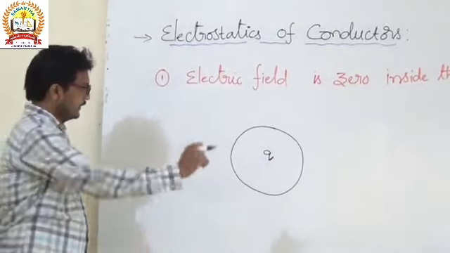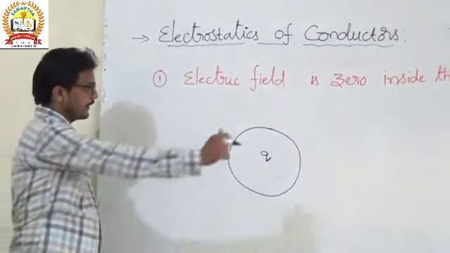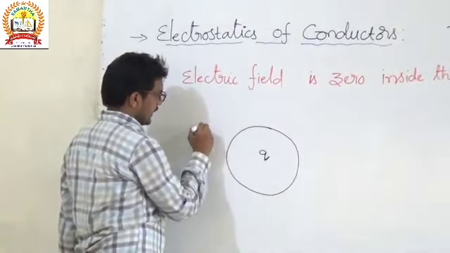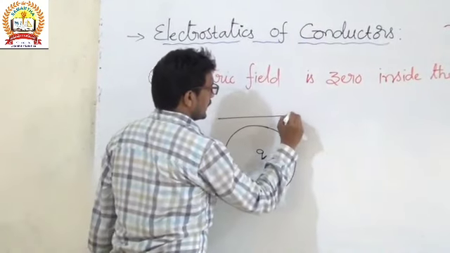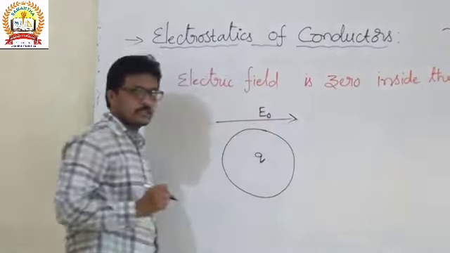This conductor is subjected to an electric field along this direction, the original electric field, which I am showing with the symbol E naught.